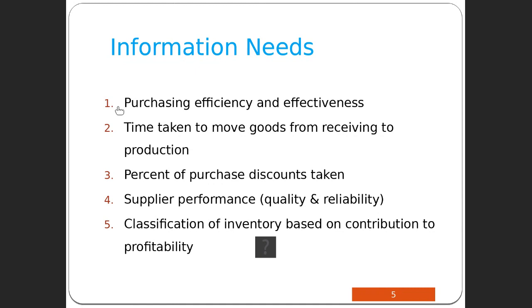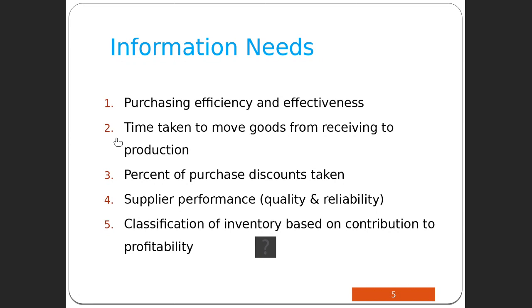The first one is purchasing efficiency and effectiveness, meaning you want to buy all the inventory and supply items that you need for the business, but you want to buy them using the least amount of resources like computer time, labor cost, and use of paper. All of these things are part of efficiency. So you want to do the ordering and the receiving that you need to, but you don't want to waste any resources in the process.